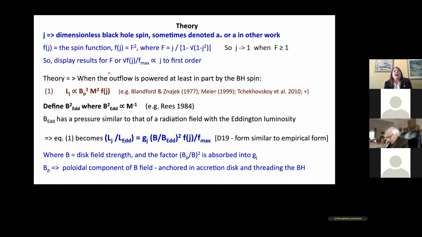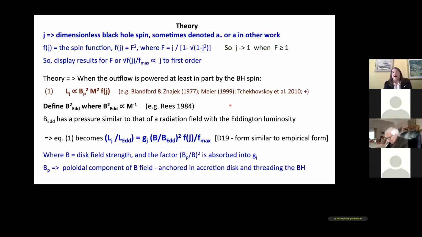All right, so now we have a spin-powered outflow, for example, in the Blandford-Znajek mechanism, where the outflow is powered totally by black hole spin, or in the Meier model, where the outflow is powered by both black hole spin and a wind from the accretion disk.